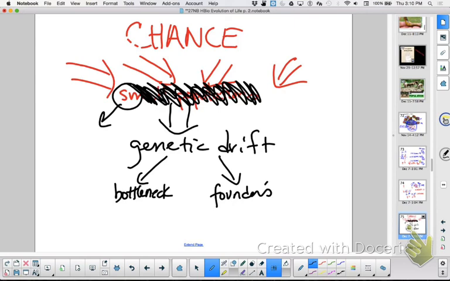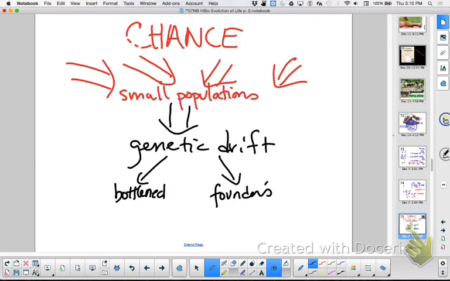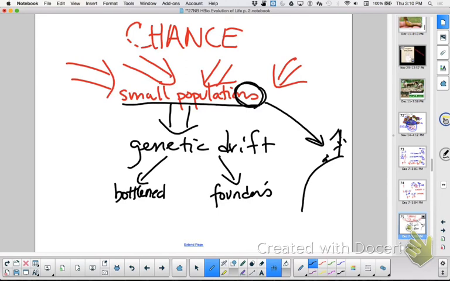An example of founder's effect would be if these 2 letters decide to go to an island and start their own population over here. They didn't represent the whole team here. They just represented N and S. Does that make sense? That is not a good representative because we have P's and L's. Look, we have a lot of L's, like 3 L's. So they didn't even represent the L's.